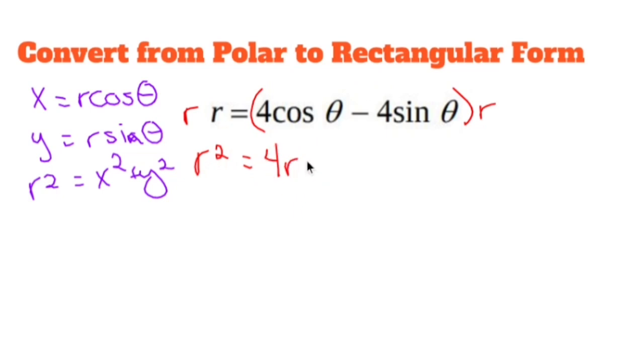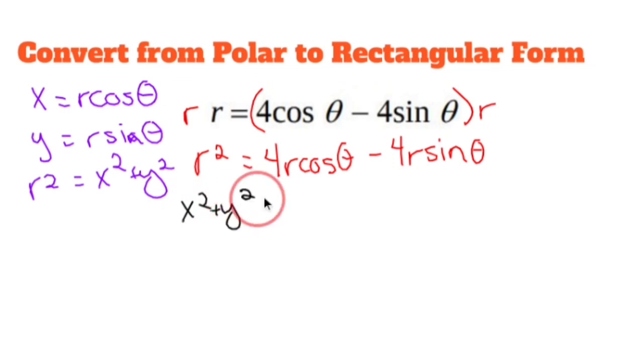So 4 r cos theta minus 4 r sin theta. Now we have enough information where we can start swapping things around. r squared is now x squared plus y squared. r cos theta is now x. r sin theta is now y.